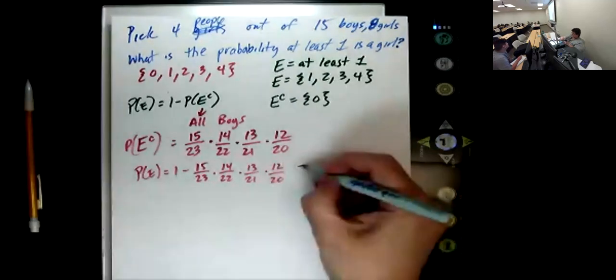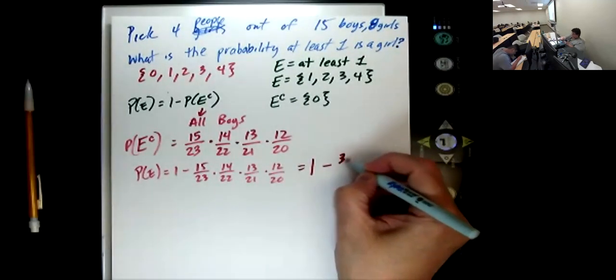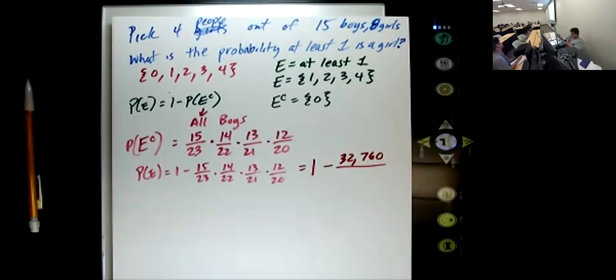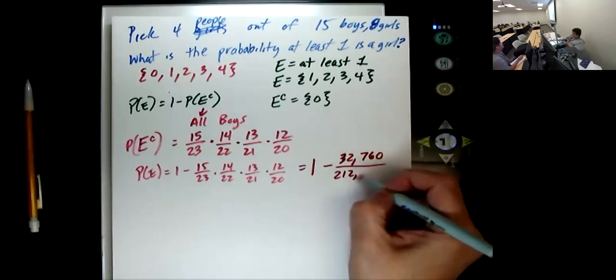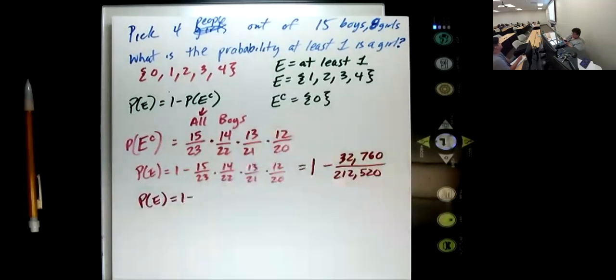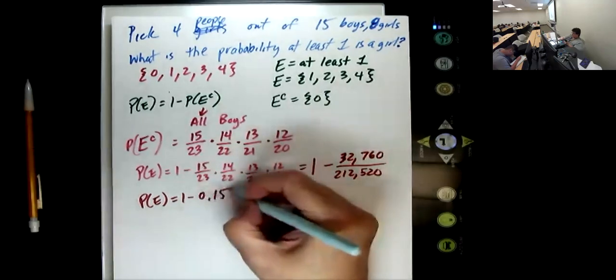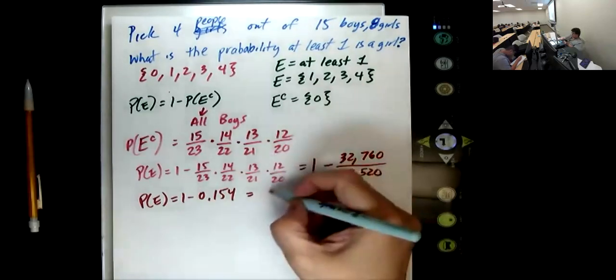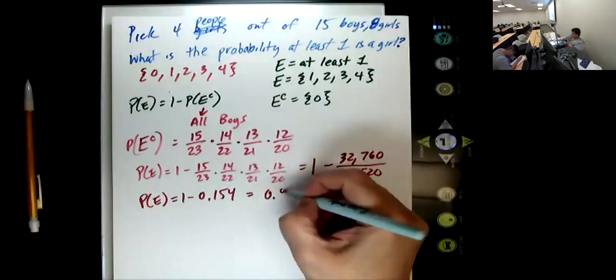I have 1 minus. On top is 32,760. Bottom is 212,520. So I have 1 minus 0.154 equals 0.846.